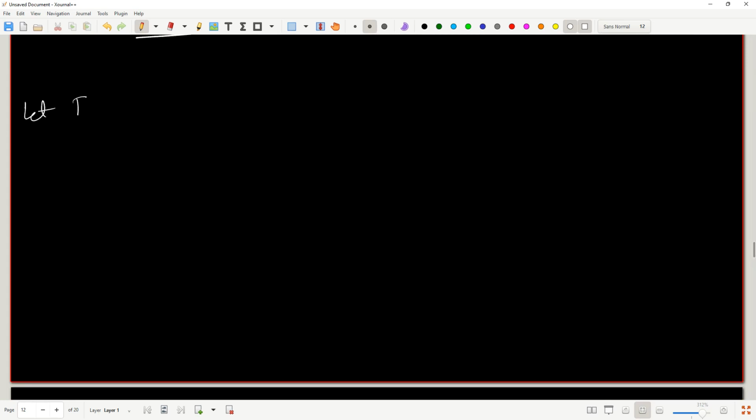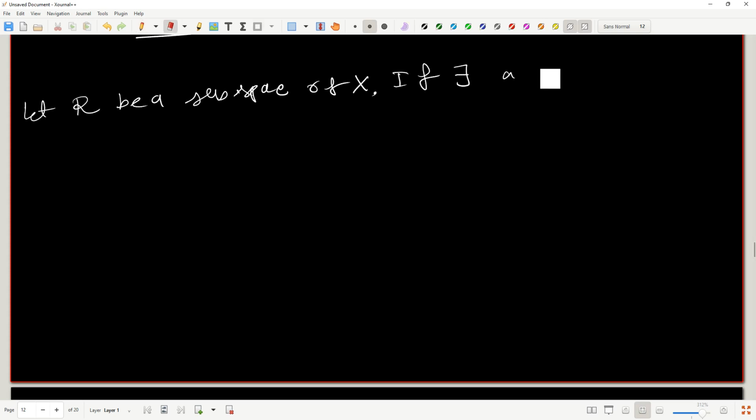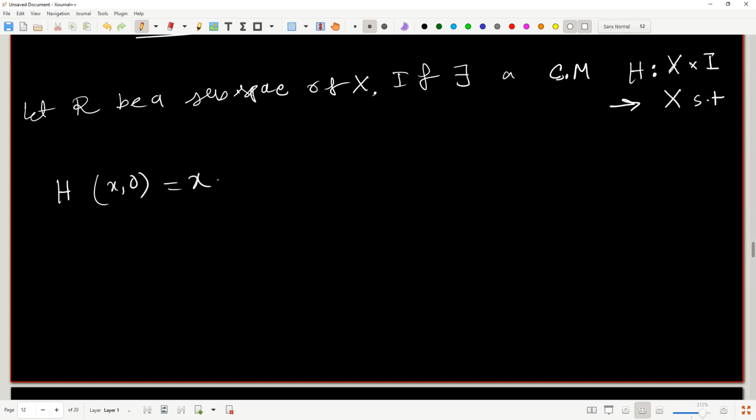Let R be a subspace of X, if there exists a continuous map H such that it takes data from this X cross I. You can think of it as a square where this is X, this is I, and so on, but let's not do that right now, and maps it to X again such that H of (x, 0) is equal to x, H of (x, t) is equal to x.